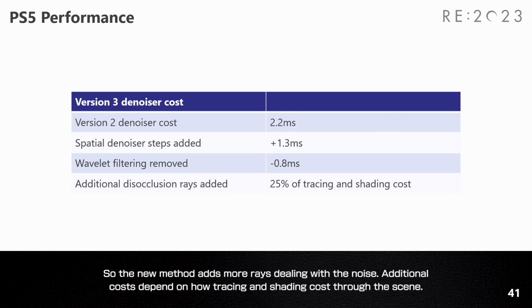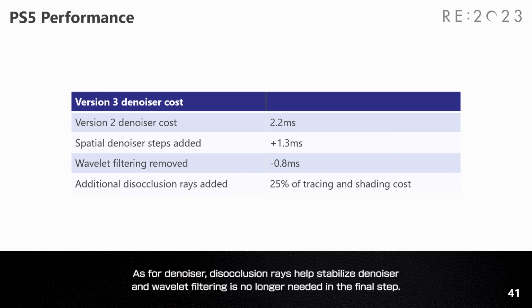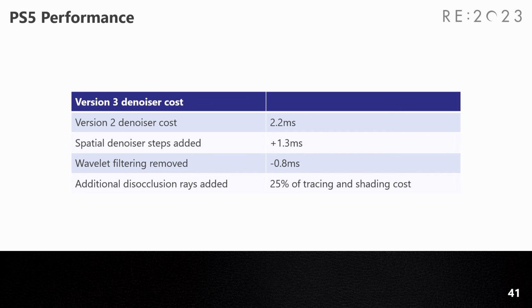Additional costs depend on how the tracing and shading cost goes through the scene. As for the denoiser, disocclusion rays help stabilize it, and the wavelet filtering is no longer needed in the final step. However, for dealing with rays from disocclusion and upscaling, additional spatial steps are added, leading to a total of 0.5 millisecond cost.